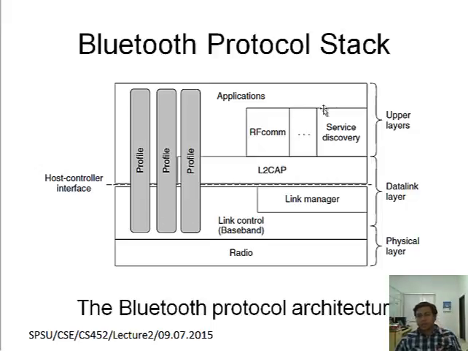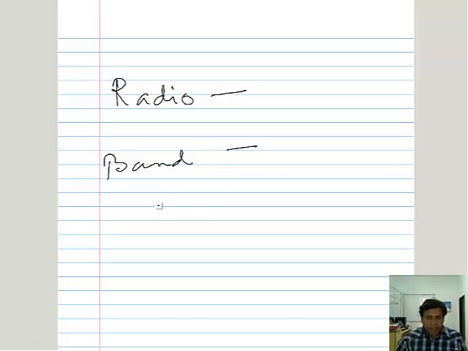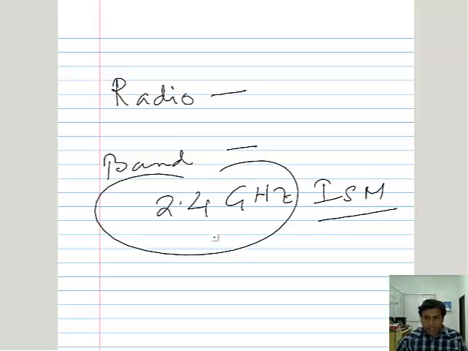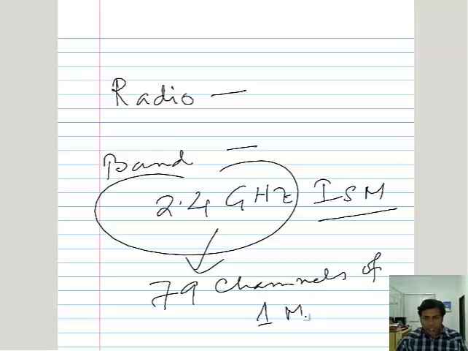Now if you look into the Bluetooth protocol stack, the first is the radio layer. What is the radio layer? Radio layer discusses the band. The operating band, we already know, works on the 2.4 gigahertz ISM band. This band is divided into 79 channels of 1 megahertz each.